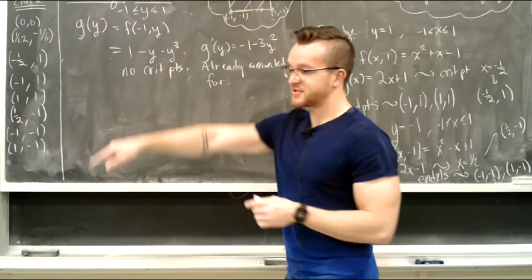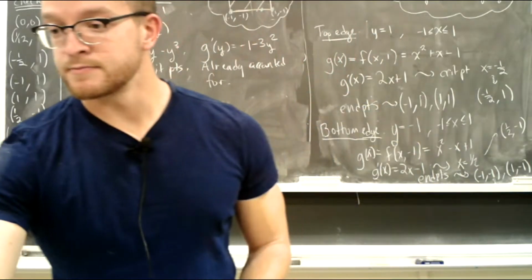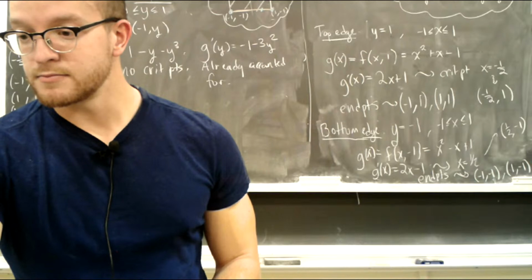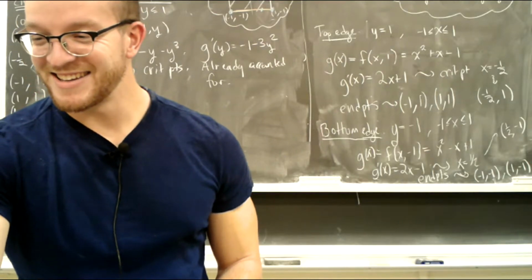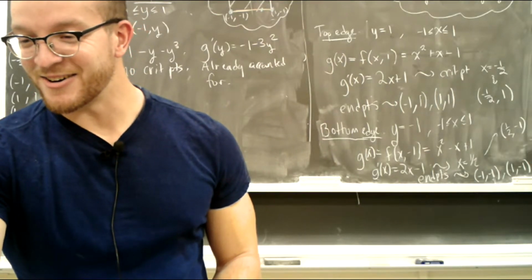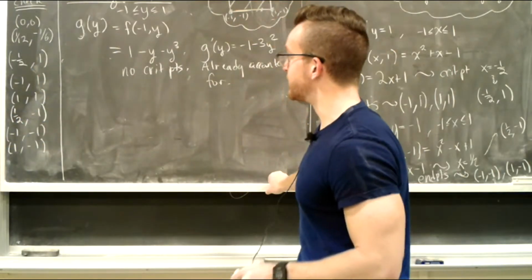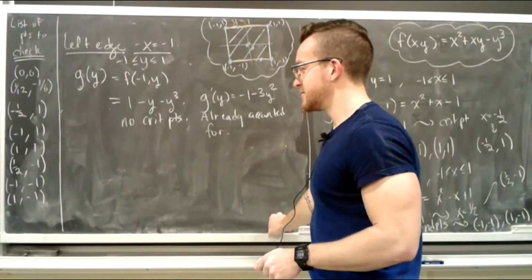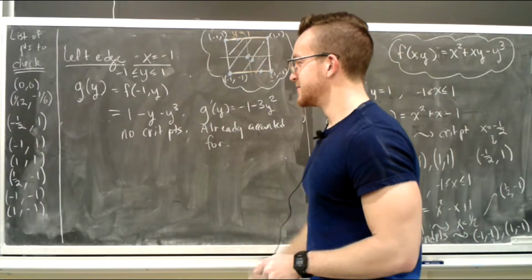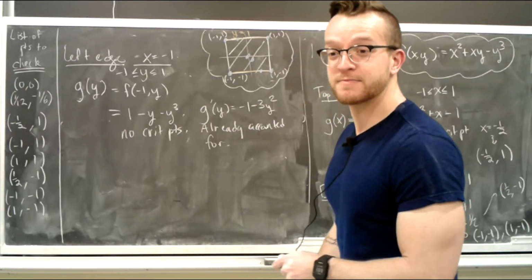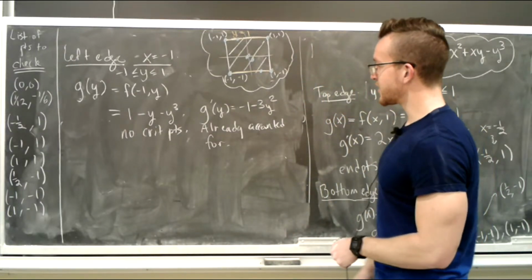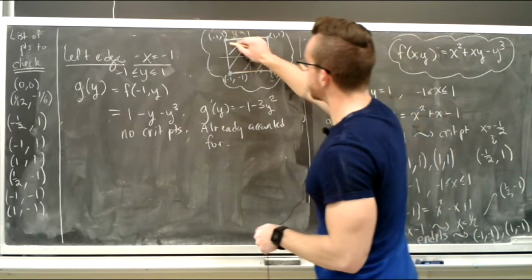And the corners I already have on the list. Oh, yeah, sorry. Thanks for yelling at me. Okay, so I've already accounted for the endpoints, so that was the left edge.